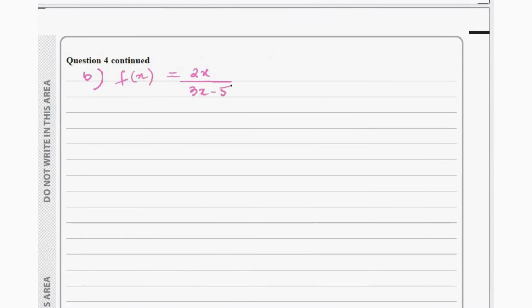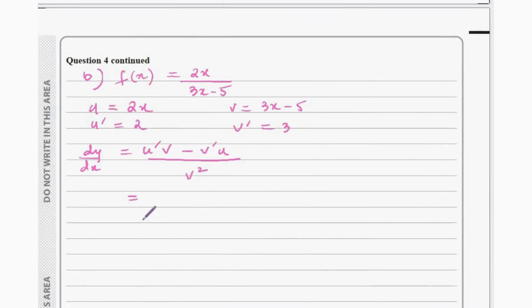I'm going to use the quotient rule over here, which says that the numerator is going to be u and denominator is going to be v. We're going to differentiate u and v separately first. So that's 2, and this is going to be 3. Now, according to the quotient rule, dy by dx equals u derivative times v minus v derivative times u over v squared. This is the formula that we follow for quotient rule.